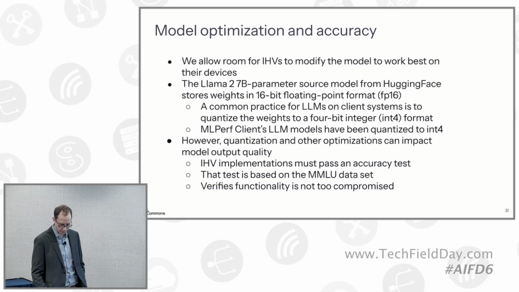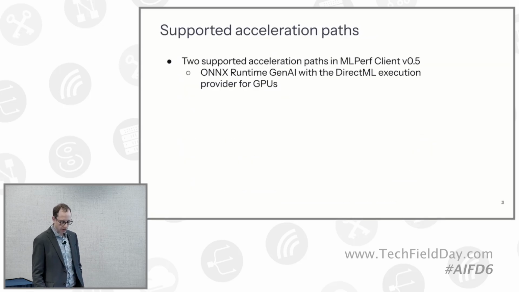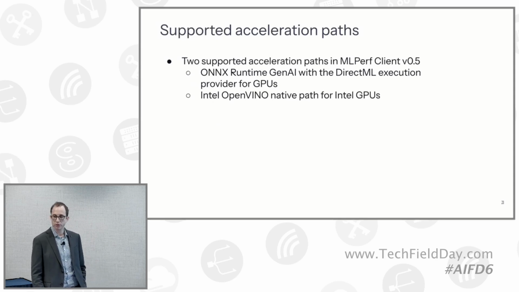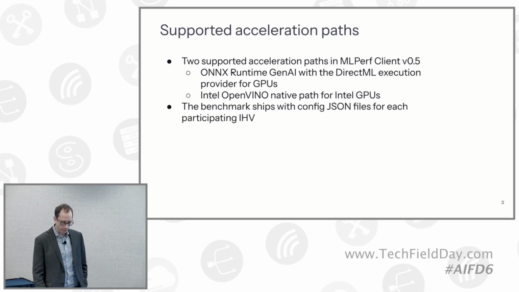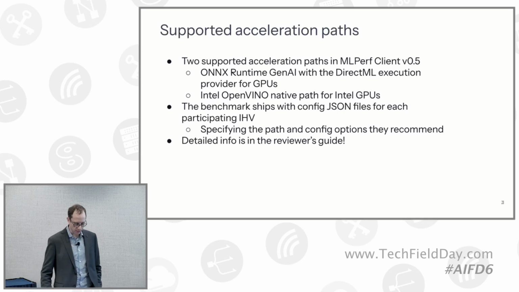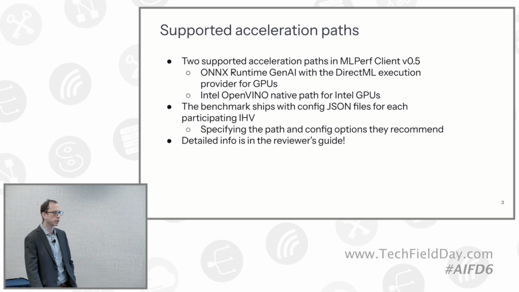We have the ONNX Runtime with GenAI for DirectML for GPUs, and Intel OpenVINO for Intel GPUs. We have JSON files describing the configuration for each supported vendor and the code paths and config options they recommend. If you're interested, we have a reviewer's guide that we can make available to folks who want to play around with this.